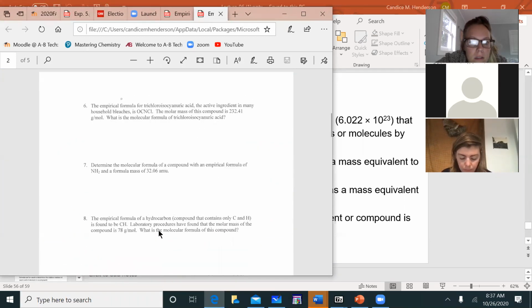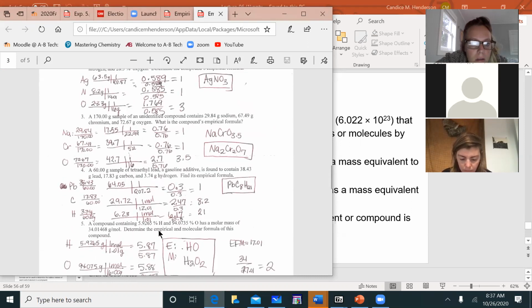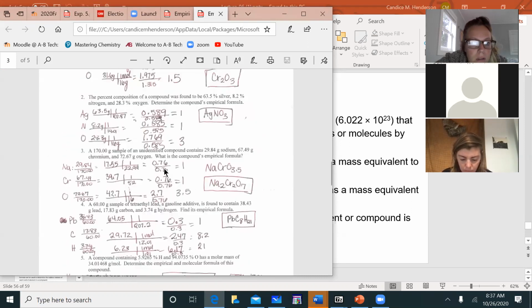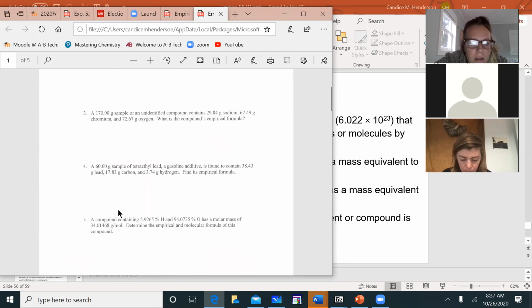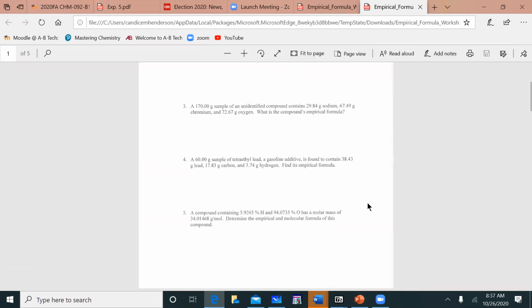Okay, let's do, yeah, I like that one. Okay, number 3. All right, we're gonna do number 3 here. This will get us into that squirrely situation where, after you divide, you still don't have a whole number, so you have to use a multiplier.